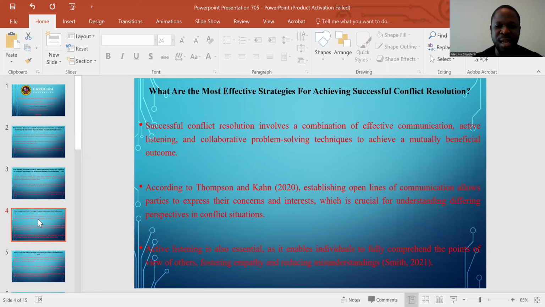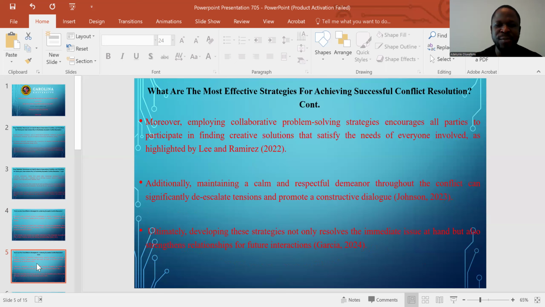According to Thompson and Cahan 2020, establishing open lines of communication allows parties to express their concerns, their feelings, their interests, which is very crucial for understanding different perspectives in conflict situations. Active listening is also essential as it enables parties to fully comprehend the point of view of others, allowing others to say their mind, fostering empathy and reducing misunderstanding.